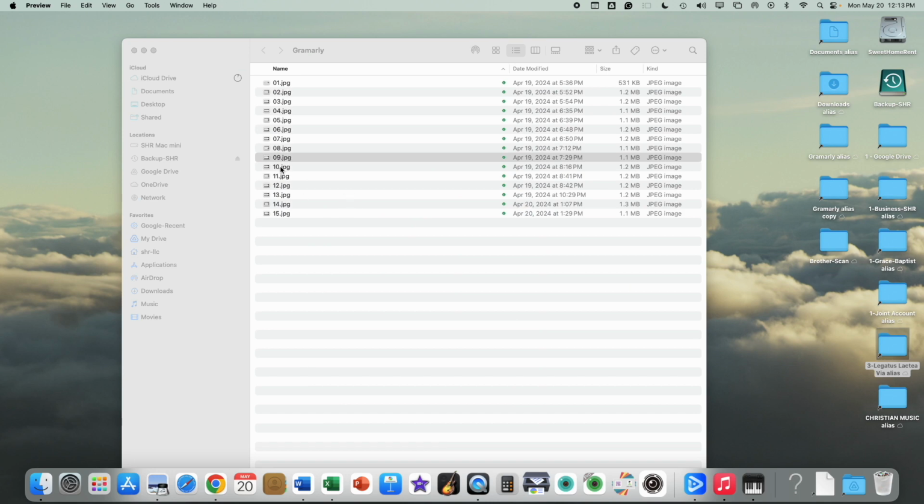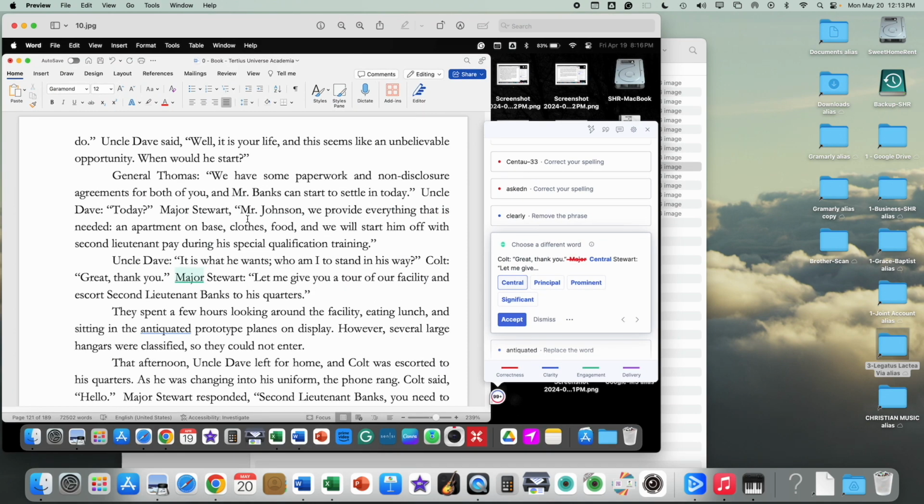On to number 10. Here we have Uncle Dave. Colt has been adopted by his Uncle Dave and his Aunt Martha, and he's living with them. Uncle Dave, it is what he wants. Who am I to stand in his way? Colt said, great, thank you, Major Stewart. And Major Stewart is the officer he's being interviewed by at the military academy.